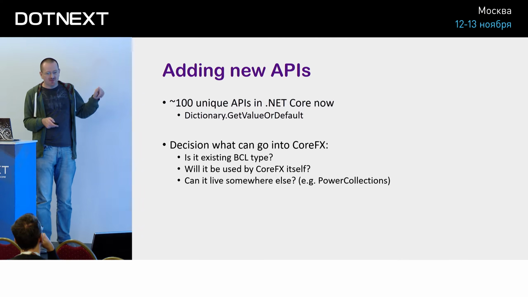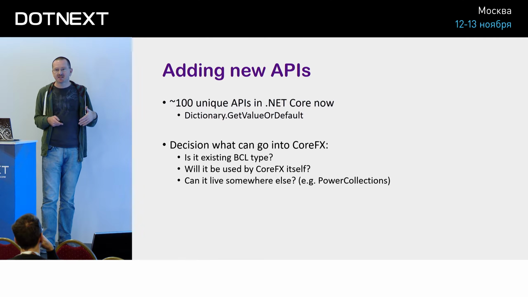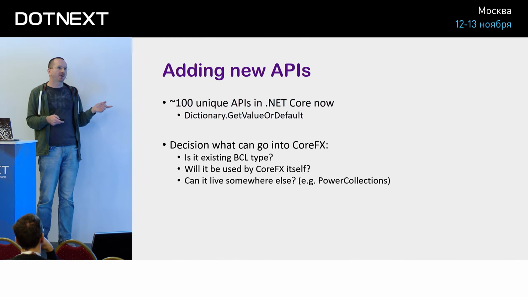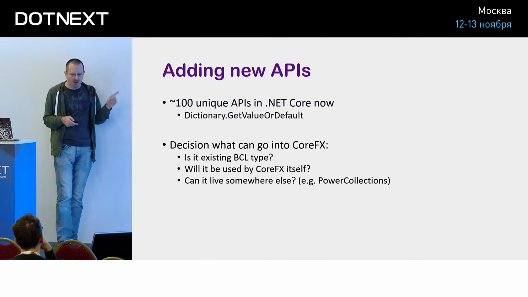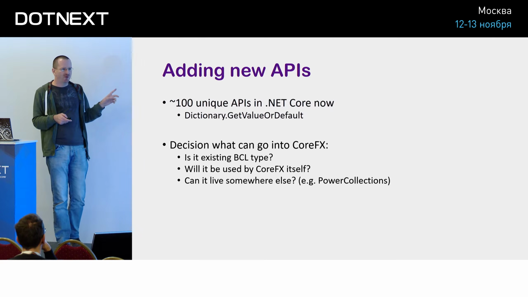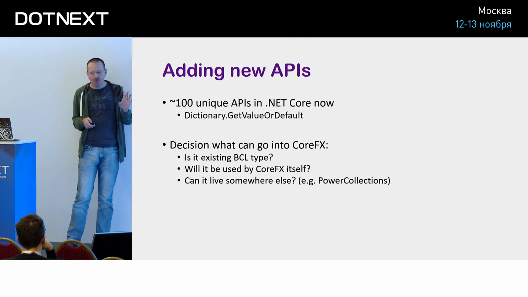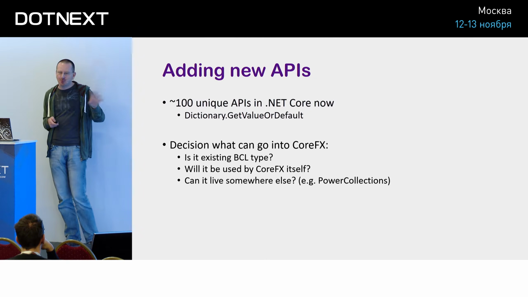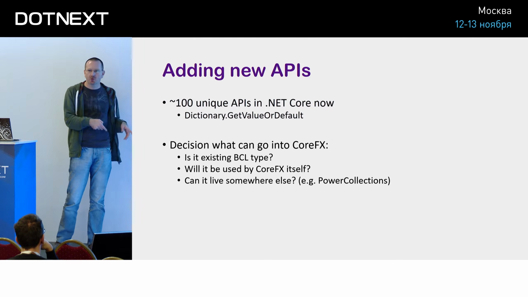Another reason for including something in CoreFX is, will it be useful to CoreFX itself? A good example is a year-old or half-a-year-old issue: we don't have a priority queue in the BCL, as you might have noticed. That's one of the few core types that I think we should bring in. We had lengthy discussions: are we going to put it into CoreFX or not?